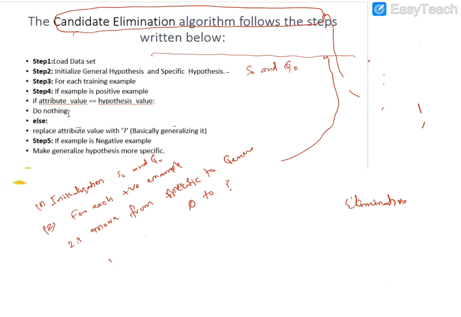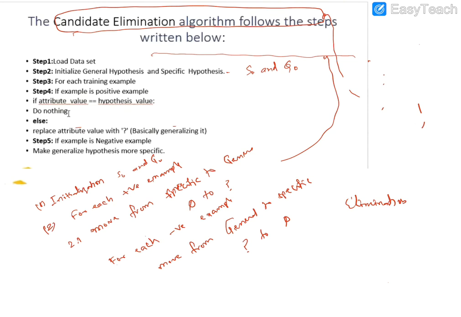Otherwise, for each negative example, one more step: opposite to that, we move from general to specific. That is question mark to phi. So this is a very simple way of representing the candidate elimination algorithm.